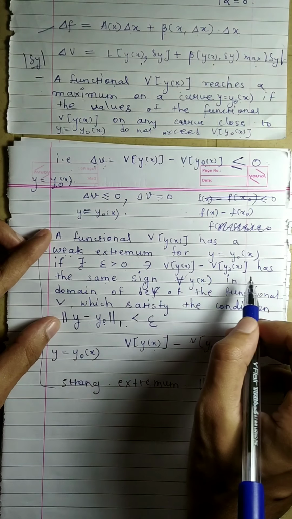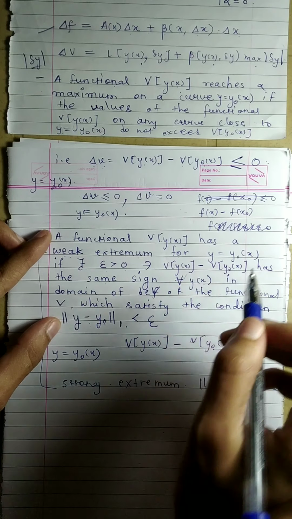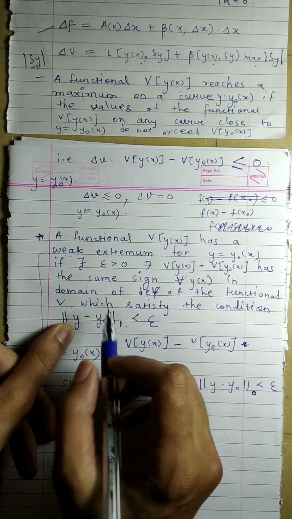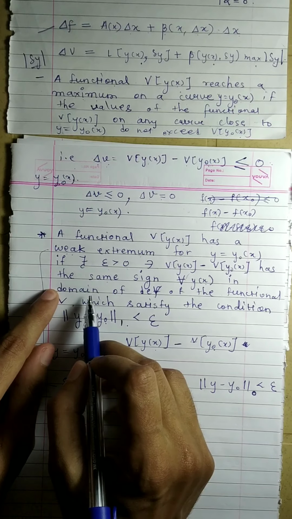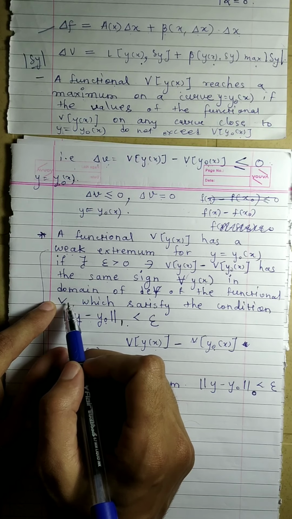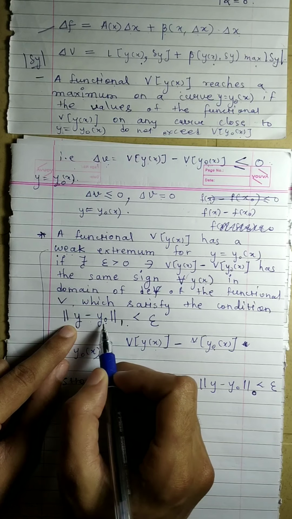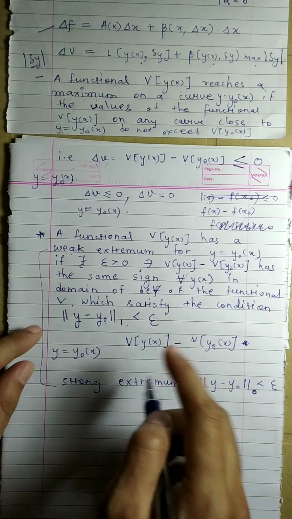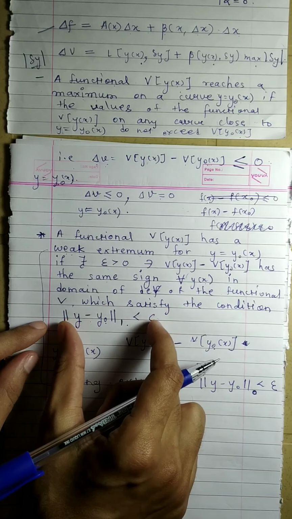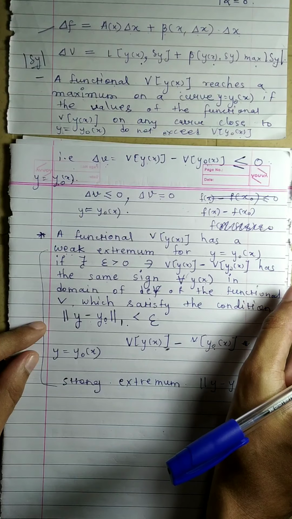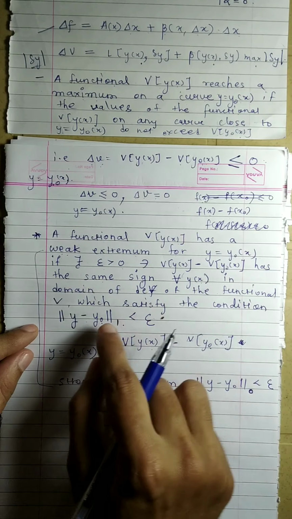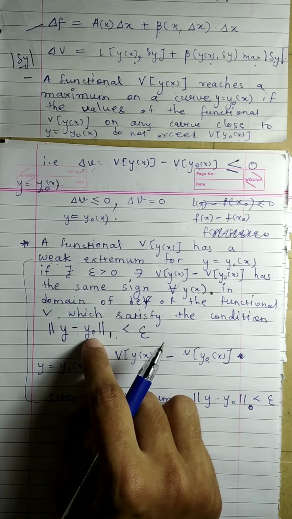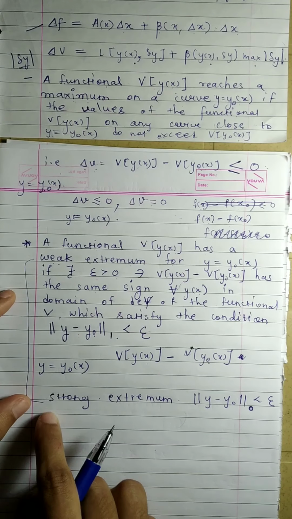So if this quantity has the same sign for all the y of x such that, first of all, they are in the domain of the functional v, and secondly, the norm 1, that is y minus y naught norm 1, is less than epsilon, then it is said that on the curve y naught of x, the functional v[y(x)] attains the weak extremum.